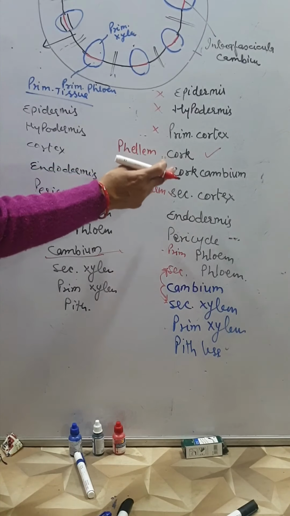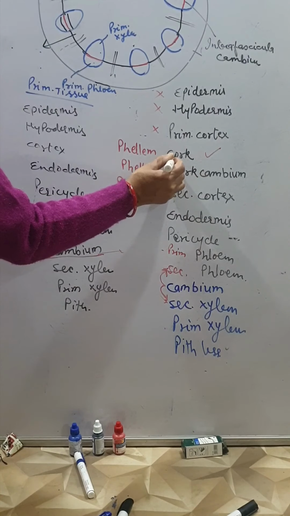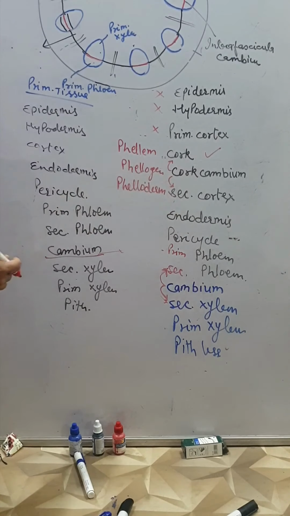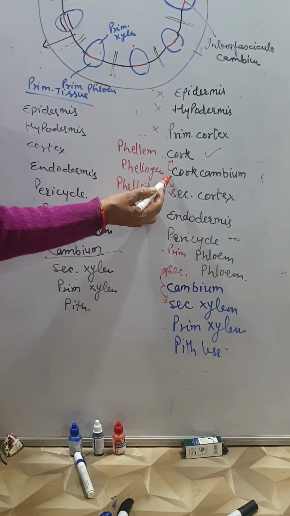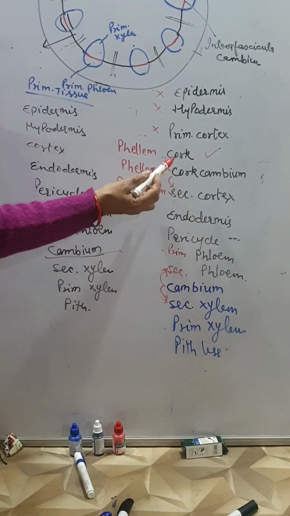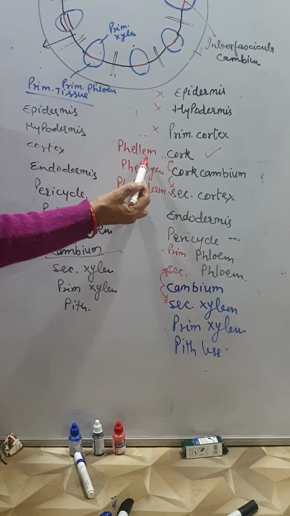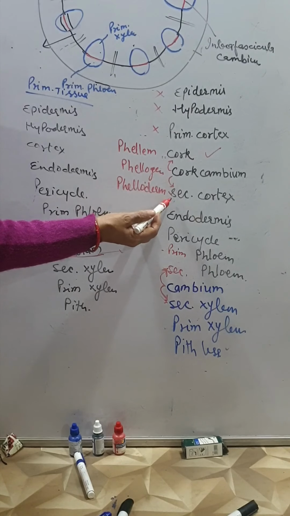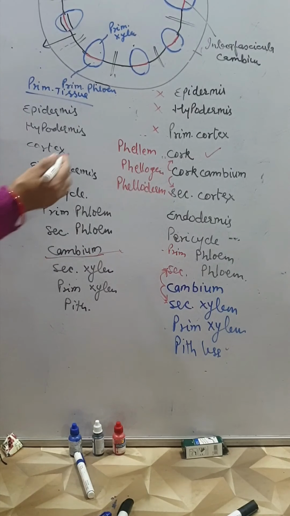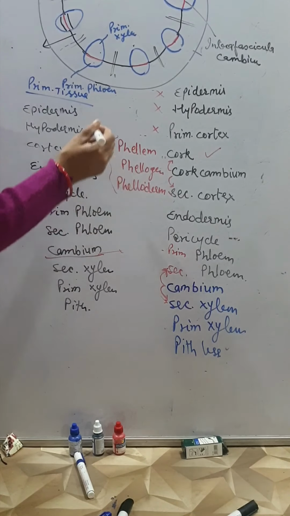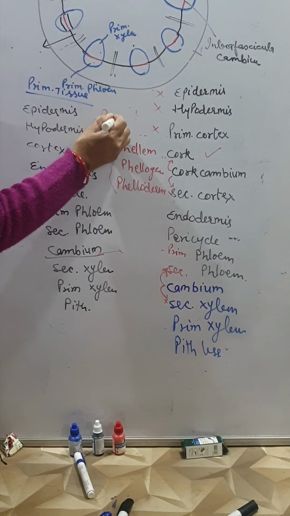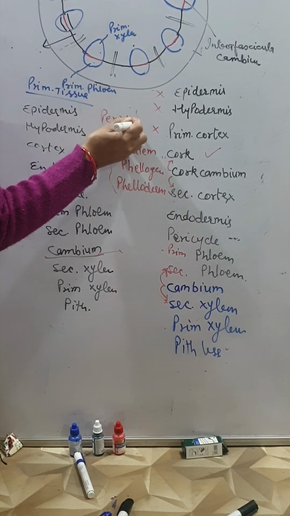Cork is formed by the activity of the cork cambium. The cork cambium meristematically divides. On the outer side it forms the phellem, cork, and on the inner side it forms the cortex. And these three tissues combinedly form the periderm.